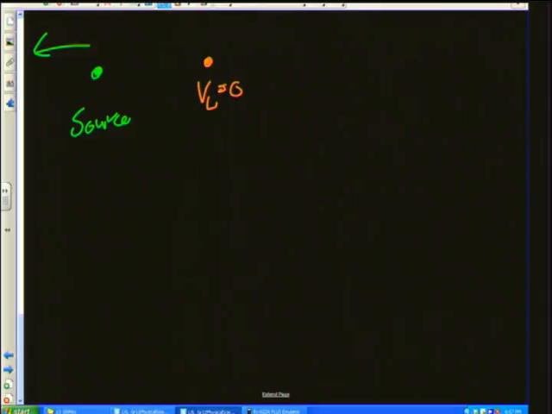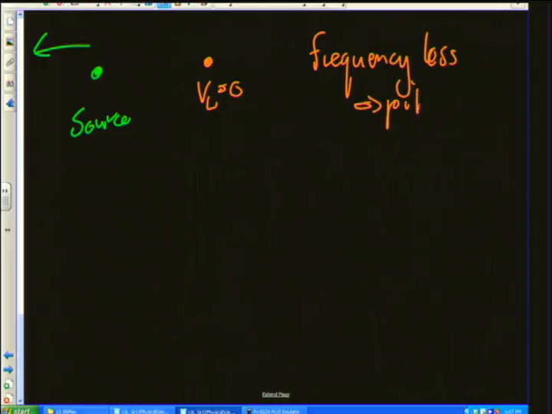So watch what's going to happen here. Because it's moving away, we know that the frequency is going to be lower. The frequency is lower, is less. That means the pitch is lower. Frequency is less, the pitch is lower. The frequency is more, the pitch is higher. Okay? Get that terminology right.